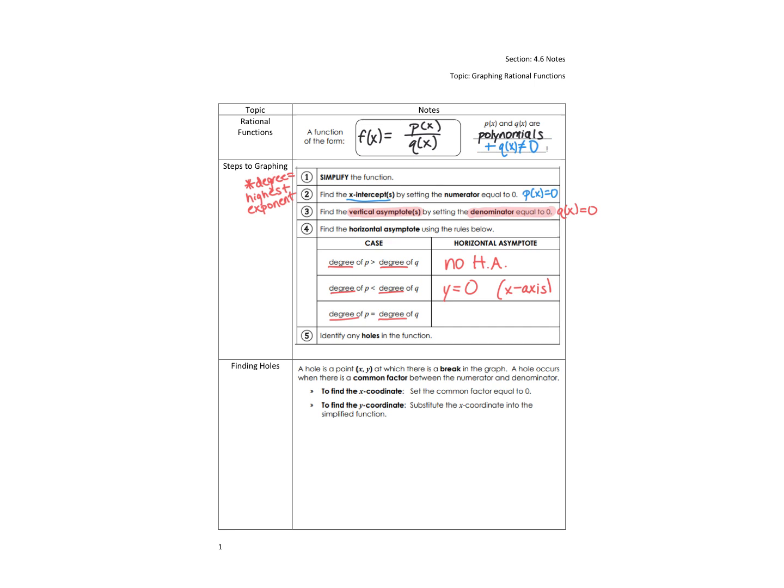If this happens, that means that y will equal your leading coefficient of p divided by your leading coefficient of q. And leading coefficient, again, is just the number in the very front.